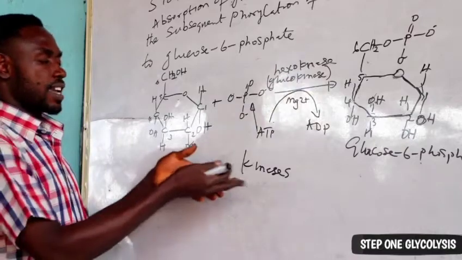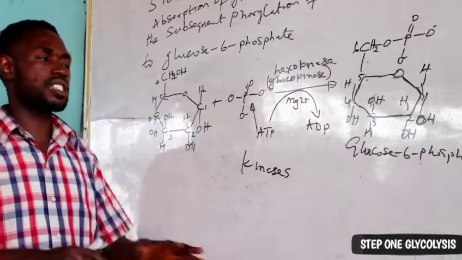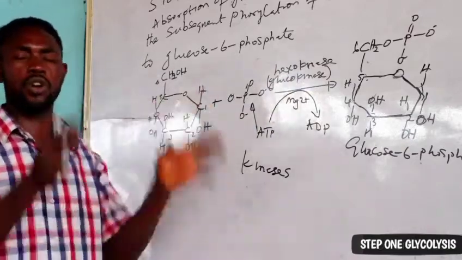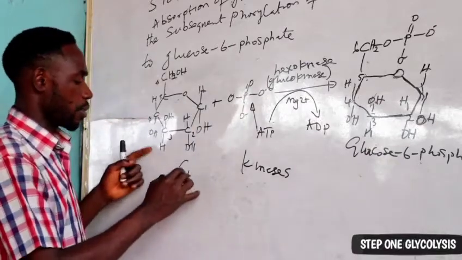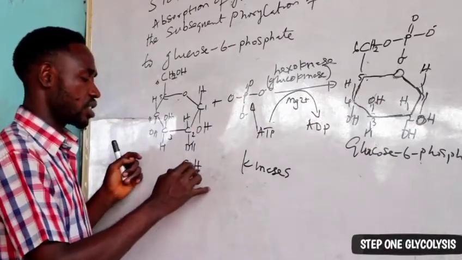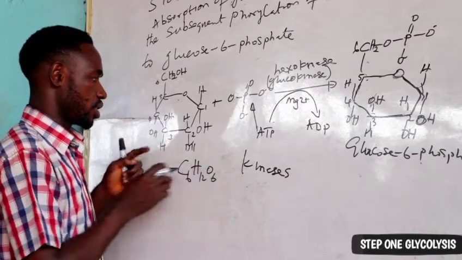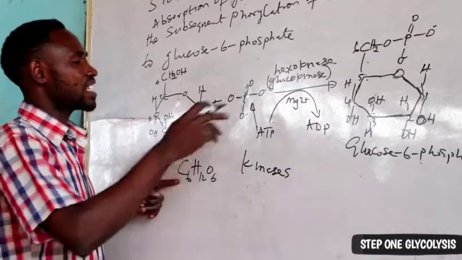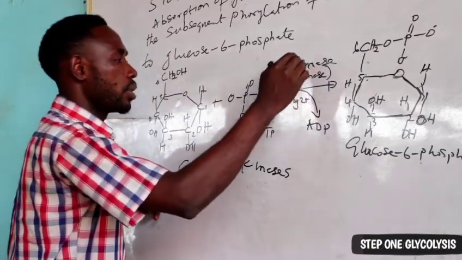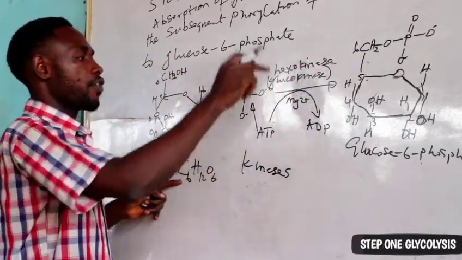Hexokinase are groups of kinases that just catalyze the phosphorylation of any 6-carbon compound. Remember, total carbon here is 6, C6H12O6. That should be this glucose. And remember, there are other 6-carbon compounds, 6-carbon sugars, apart from glucose.